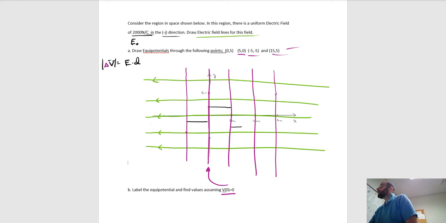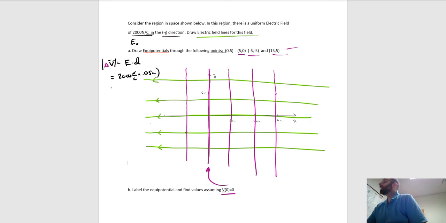Again, imagine my diagram's perfect; these distances are all roughly 5 centimeters. So I'm going to calculate the potential difference between any two of these by taking my field strength, 2,000 newtons per coulomb, and multiplying by the distance between them, which is 5 centimeters, or 0.05 meters.